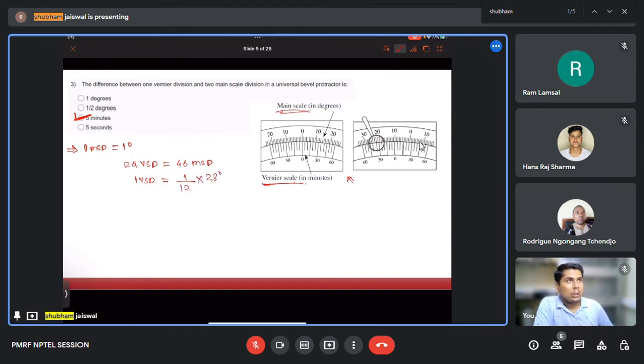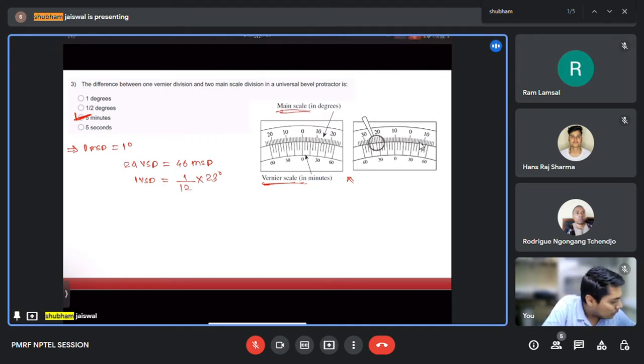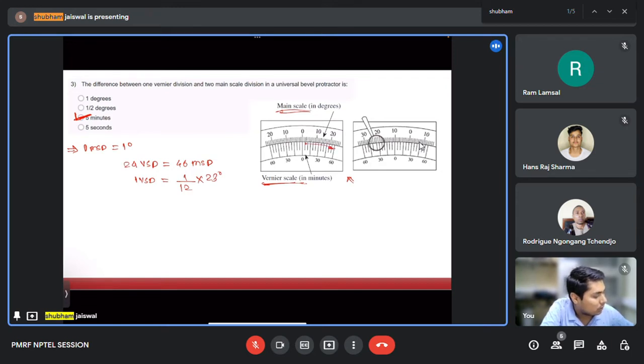So when our 5 minutes on vernier scale moves towards the 60th minute, the main scale will show the reading of 2 degree. So 2 degree when the 5th minute moves towards the 6th minute.